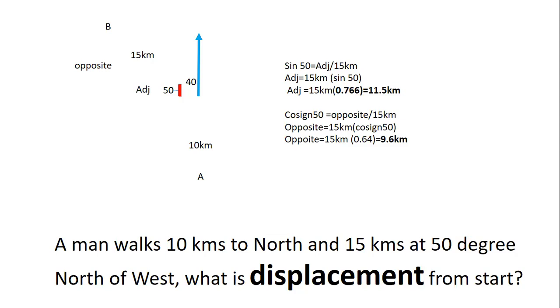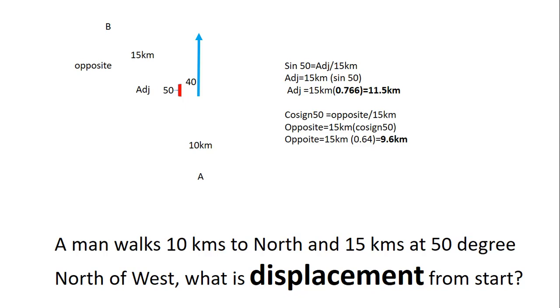A man walks 10 kilometers to the north and 15 kilometers at 50-degree north of west. What is the displacement from the start?